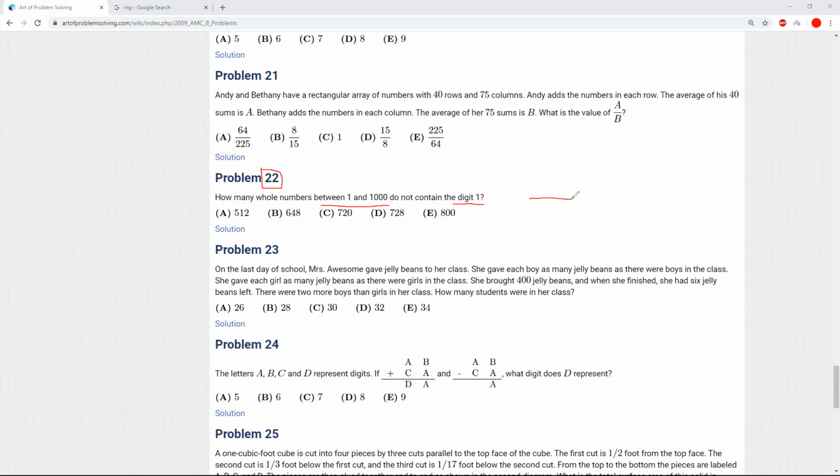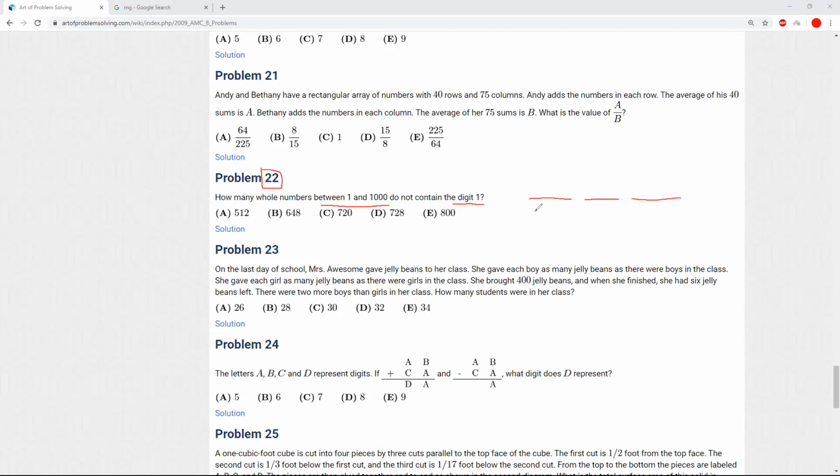So if we look at the whole numbers, it's a 3-digit number. Oh, whole numbers. Okay, so it doesn't have to be a 3-digit number. It can be any digits. Let me just read this again. Okay, yeah.